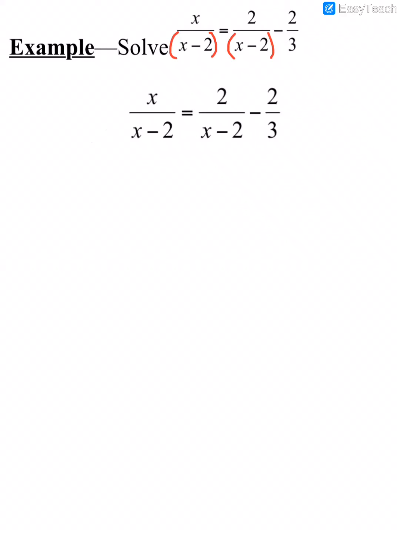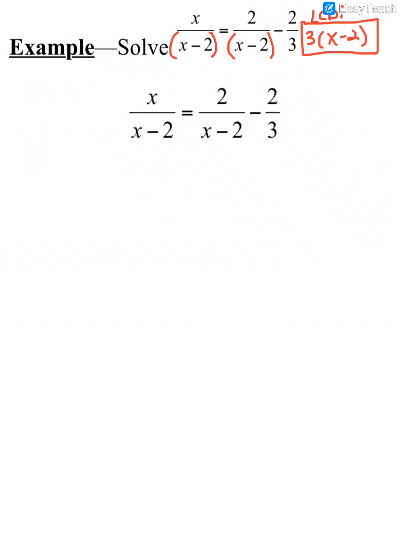So our least common denominator is going to be x minus 2, but then we also have to include that 3 because it's different than the x minus 2. So we use every different factor in our denominators.